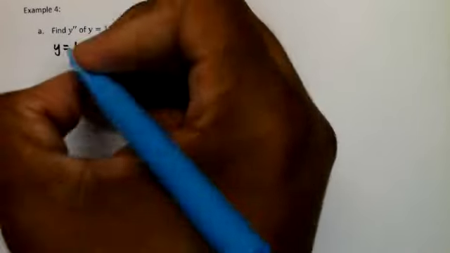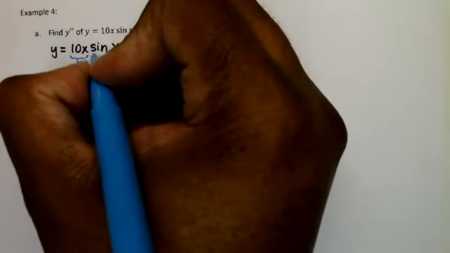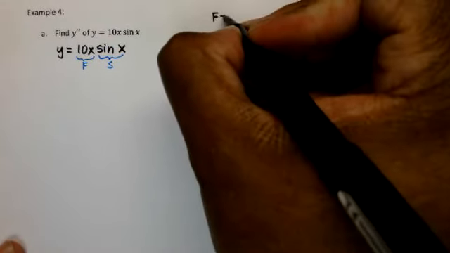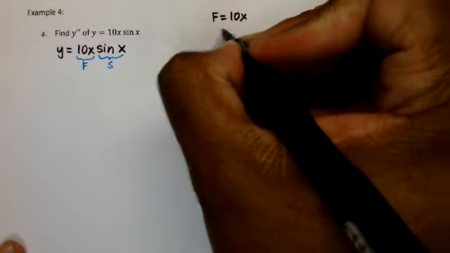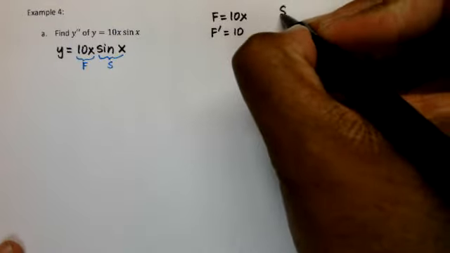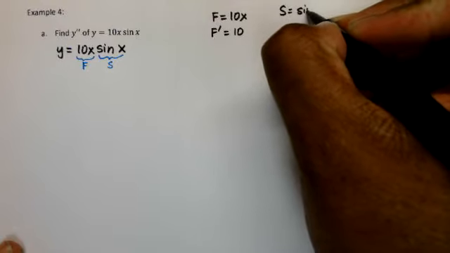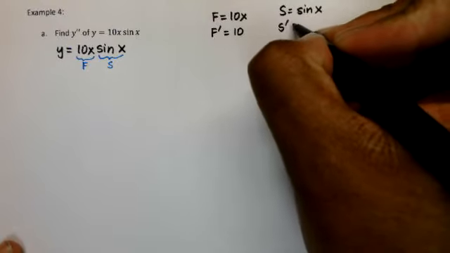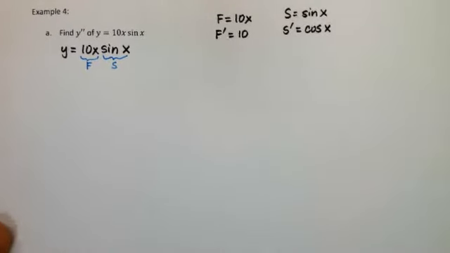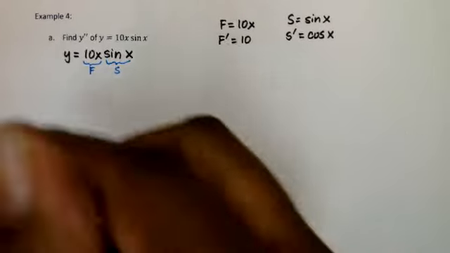In this case, this will be the first and this will be the second. So you can pretty much guess that we're going to have to use the product rule on this problem. If the first is 10x, its derivative will be 10. And if the second is the sine of x, then its derivative will be the cosine of x. Okay, if this helps, this is not necessary.